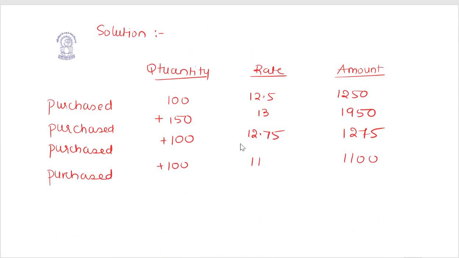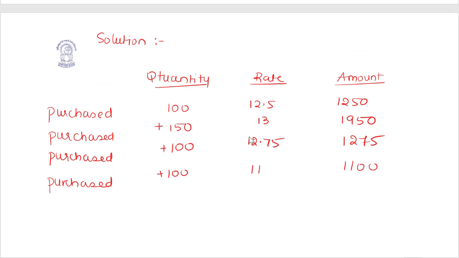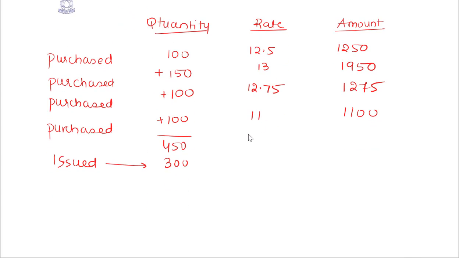Issued 300 units. So we need to total it because issue is there. Total it. 150 plus 100, 250, 350, 450. Out of that we had issued 300. 450 minus 300 is 150.